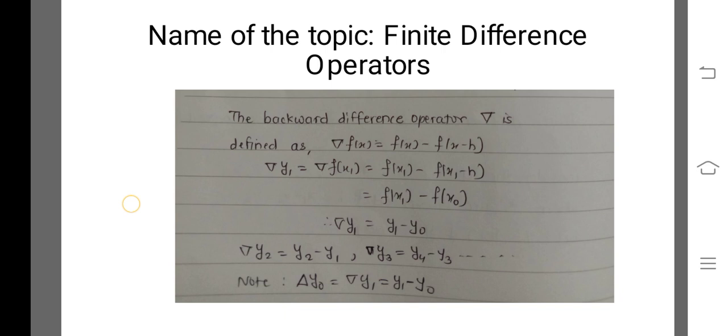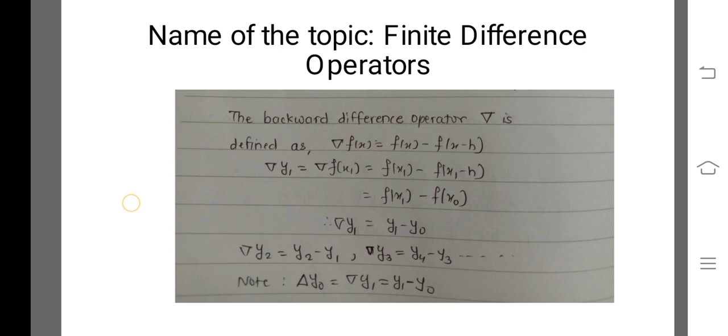The backward difference operator del is defined as del of f(x) equal to f(x) minus f(x minus h). So del y1 is del of f of x1. So it is f of x1 minus f of x1 minus h.